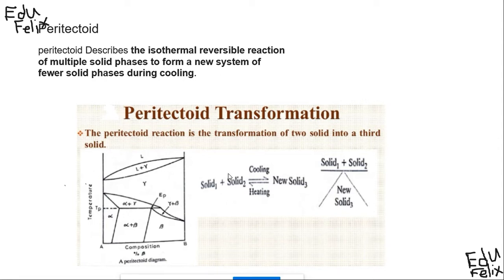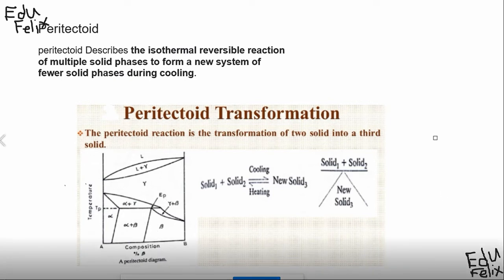So starting from solid 2, it becomes a different solid, as like here. If we say this is the alpha plus gamma, so after this point, if you explain, consider this EP, this point. I think you can understand, right?